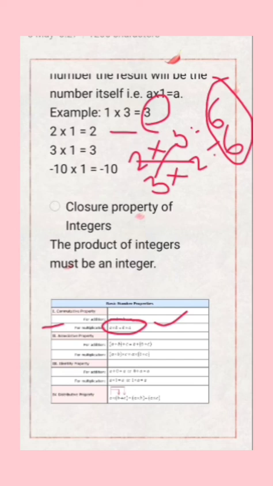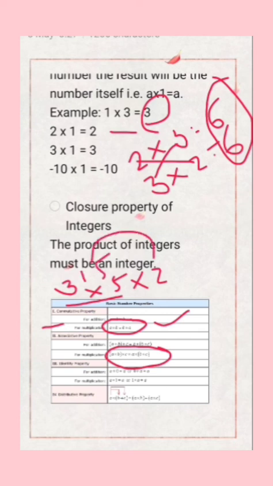The next property is associative property. Associative property is for more than two integers. Let's say 3 multiplied by 5 multiplied by 2. So what is associative property? Firstly, you will multiply these two numbers, 3 5s are 15, and then you will multiply with 2. Hence your answer will be 30.